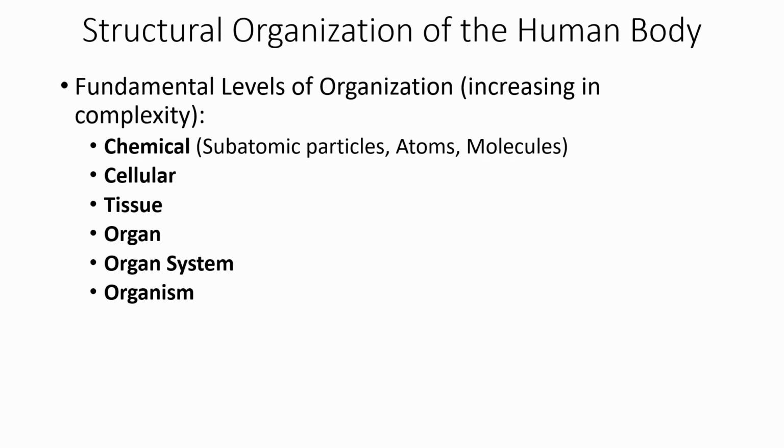These cells then come together to form tissues. Tissues are going to be cells that are similar in appearance and function, that work together to perform the same function. And then these tissues can be arranged to form an organ. For example, we have a stomach, right? That stomach is made of different types of tissues.